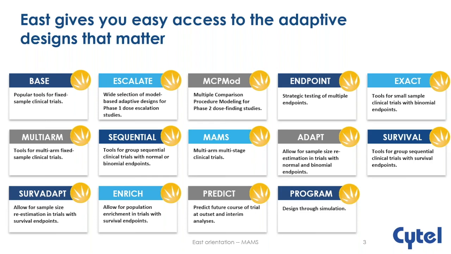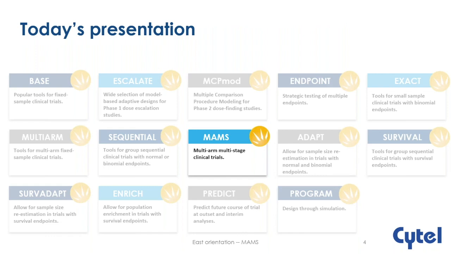So I'm going to try through these 5 weeks to give you a flavor of some of these, although today the emphasis is going to be on MAMS, which is our module for multi-arm, multi-stage clinical trials.